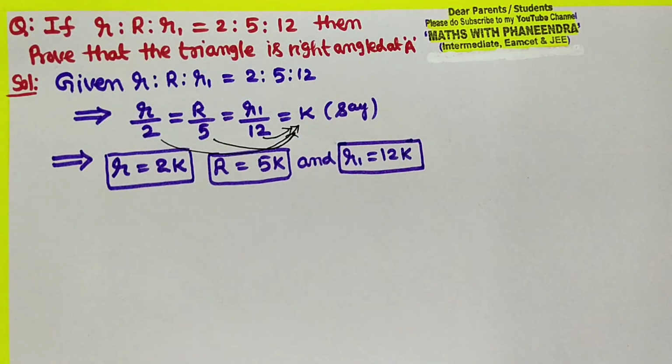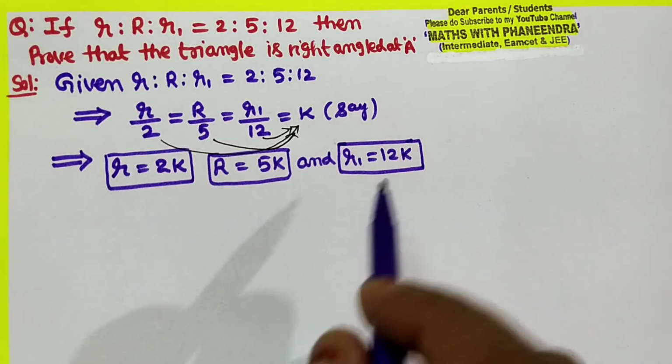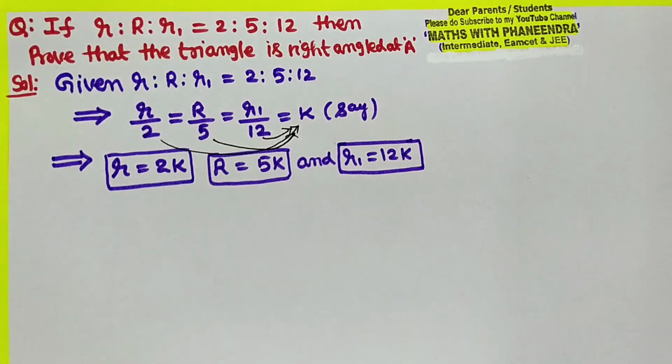See here, these values. Suppose you take the differences of these three values, like r1 minus r. The difference of r1 and r is 12k minus 2k, which is 10k.